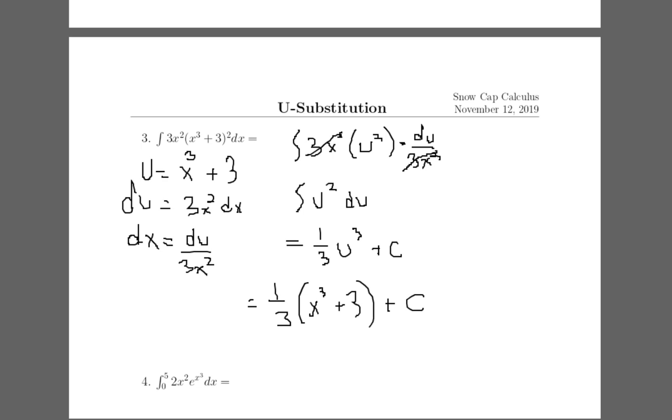And then we plug that back in, and then we integrate, the antiderivative of u squared du, and that'll give us 1/3 u to the third plus c, and then we just plug back in this original value for u. So that gets plugged in there.